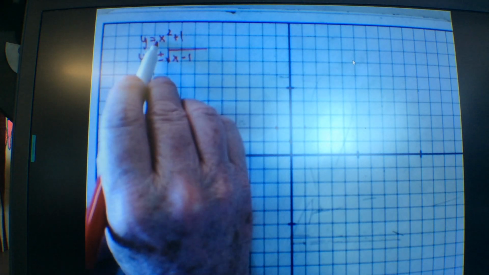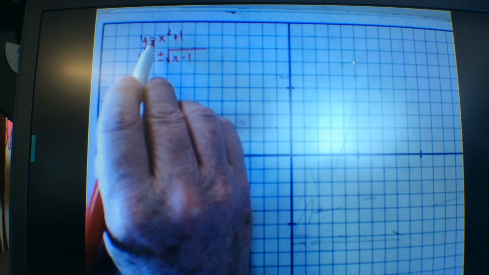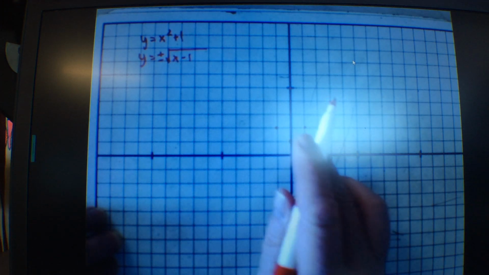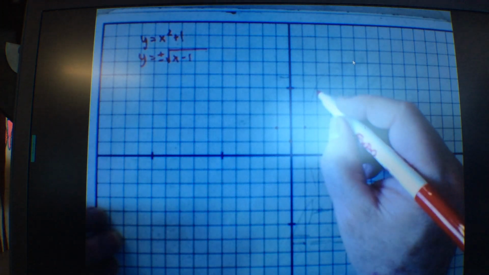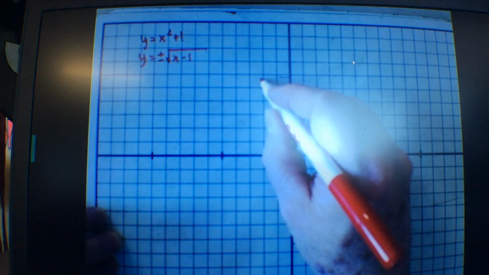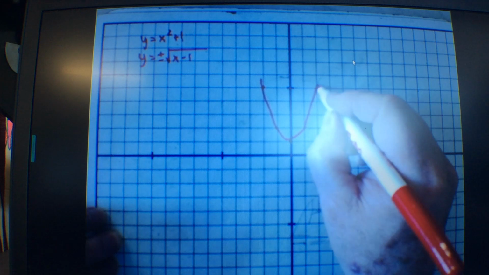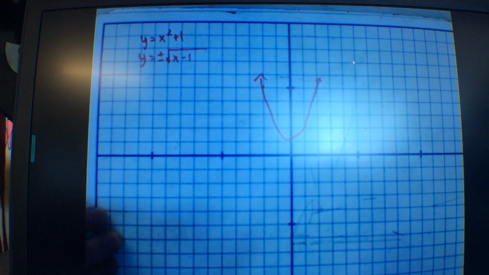If this number was a 2, we go up 2, right? And then we go over 2, and how much do we go up? 4. So this is the original graph. This is a function because it passes the vertical line test, correct?